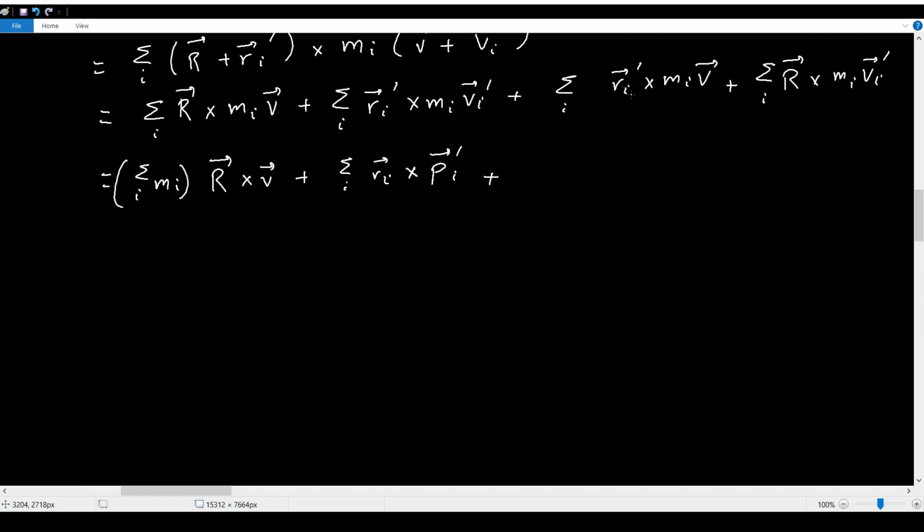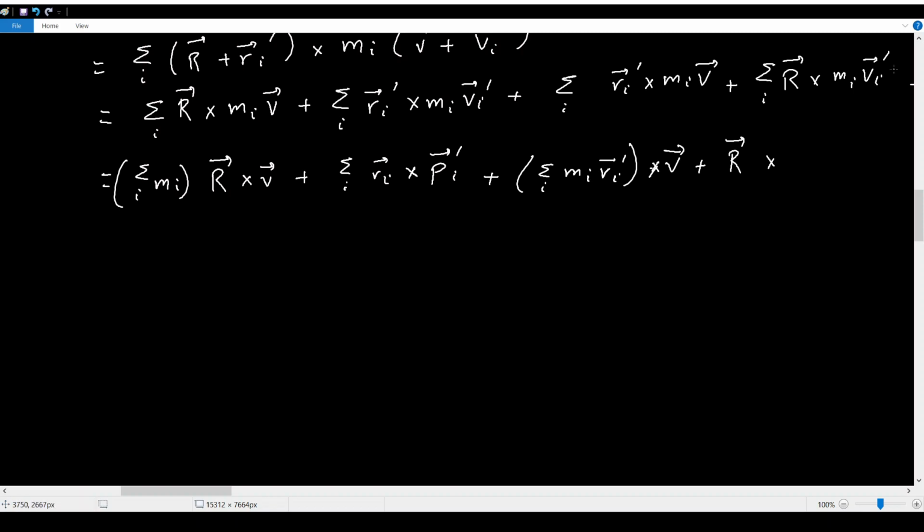Here, we note that there is no summation on V, so we write the summed quantity separately, cross V. And here there is no sum over R, so we again write the summed quantity separately.